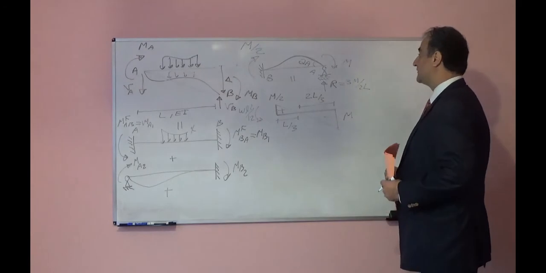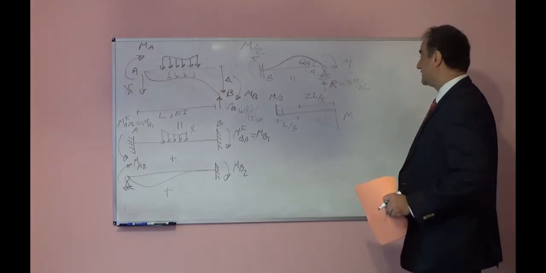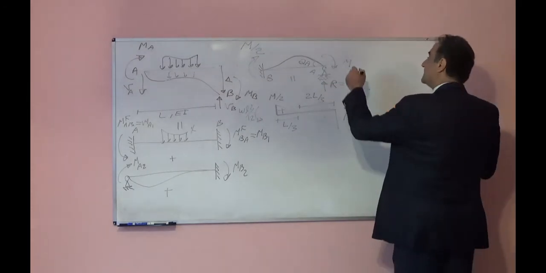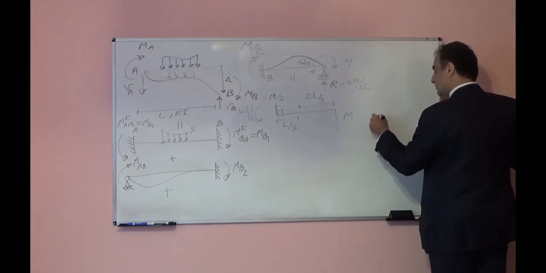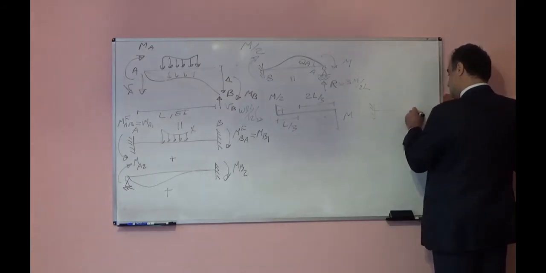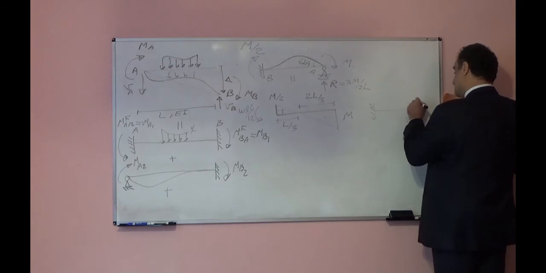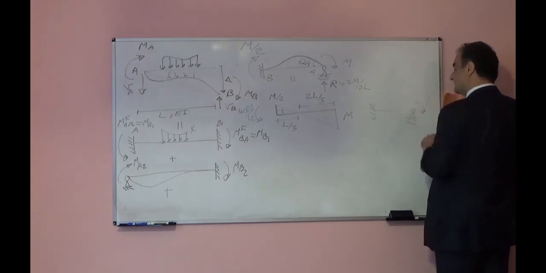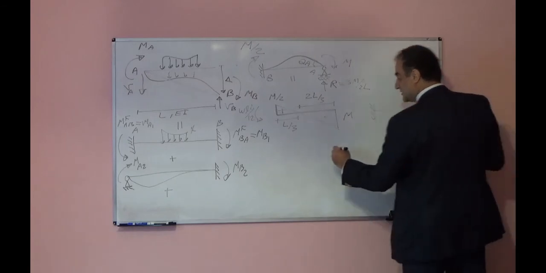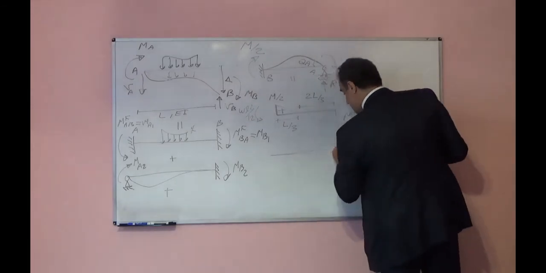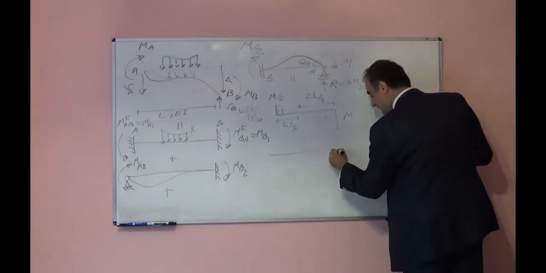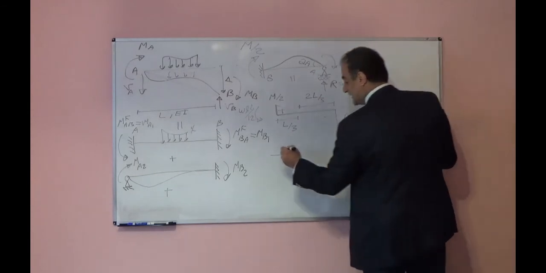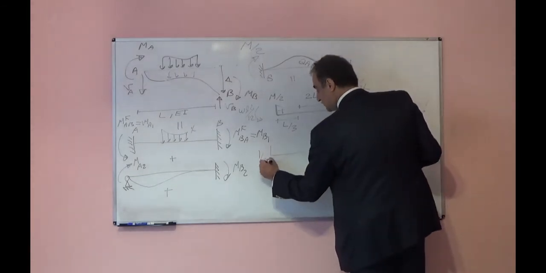Now I want to find the slope at point A. So this time I will apply a unit moment over there. At point A, I will apply a unit moment using the virtual work method. If I apply a unit moment, this side will be 1, this side will be half, 1 over 2.